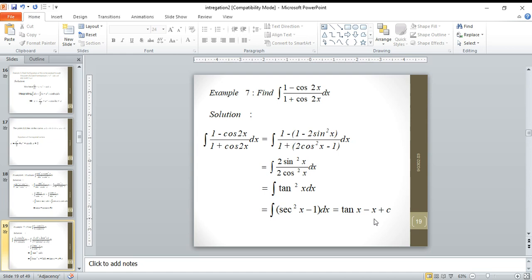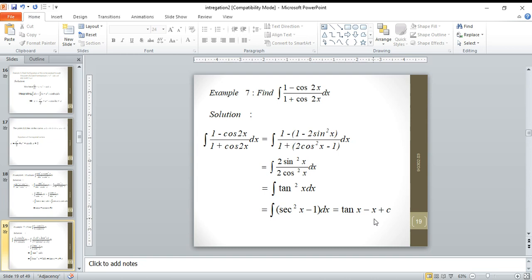For the denominator, 1 plus cos 2x, take 2 cos square x minus 1. In the numerator, 1 minus 1 cancels, leaving 2 sin square x; in the denominator, 1 minus 1 cancels, leaving 2 cos square x. The 2s cancel, so sin square x by cos square x is tan square x dx.